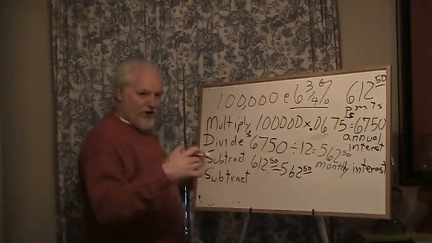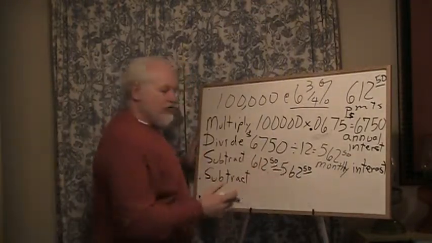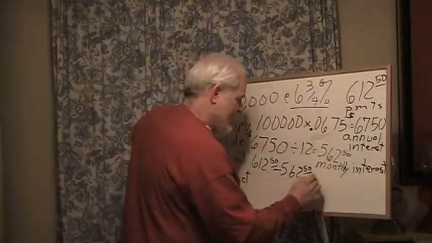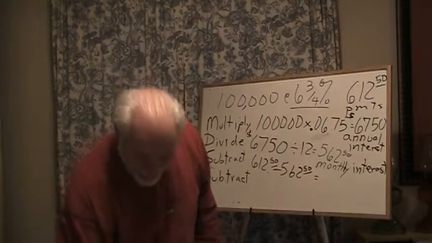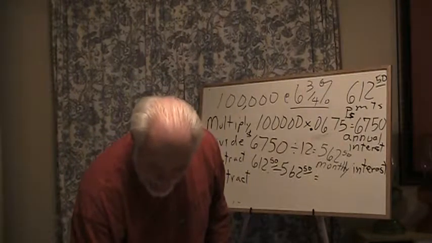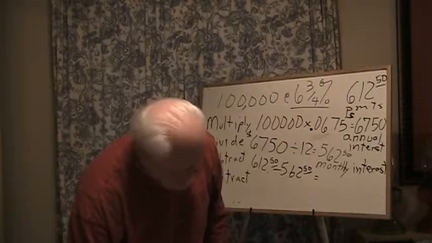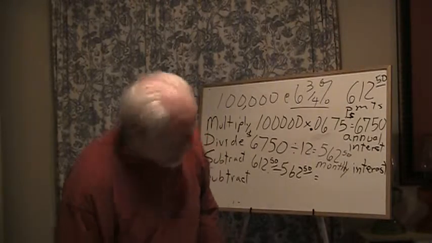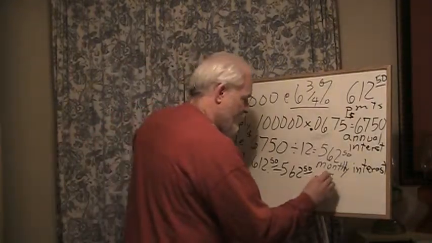So our payment is $612.50, principal and interest. Let's subtract the interest from the principal and interest, and that's going to give us $612.50 minus $562.50 equals $50.